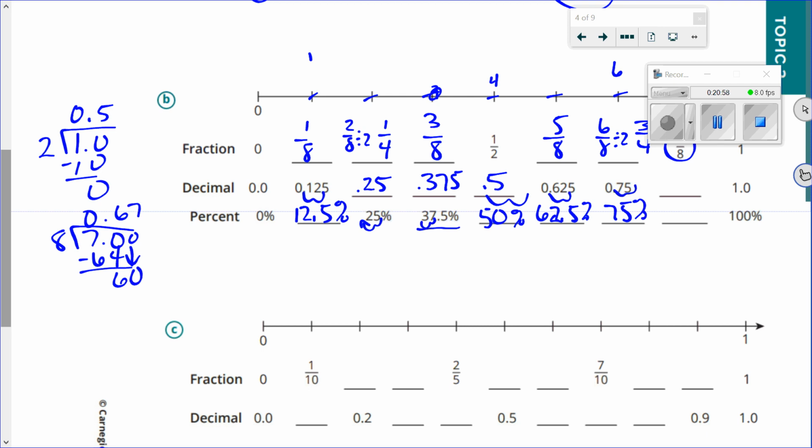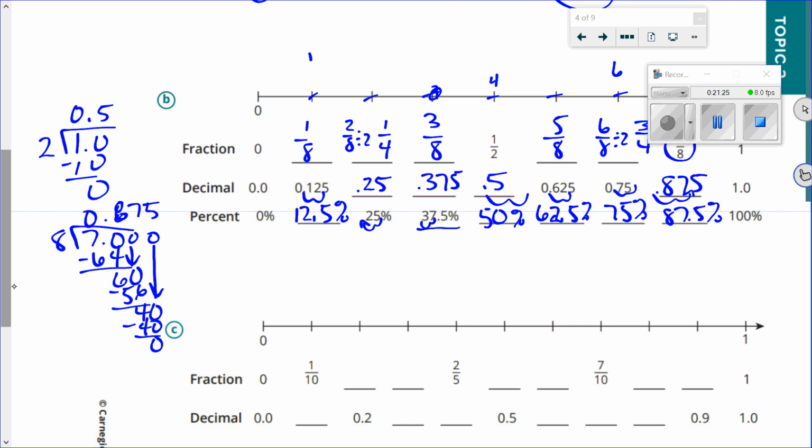Goes into 67 times. Gives me 56, still not at 0, so I'll bring another one. That's going to go 5 times. Now I'm at 0, so I'm done. So what's my decimal? That's an 8. My apologies. So 0.875, 875 thousandths. Once I have the decimal, percent is super easy. I'm just moving it twice.